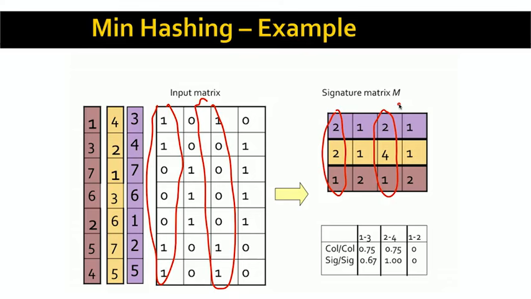The Jaccard similarity of the two columns is 3/4. Notice that there are 4 rows where at least one of these two columns has 1. That is here, here, here, and here. And in all but this one, they both have 1.